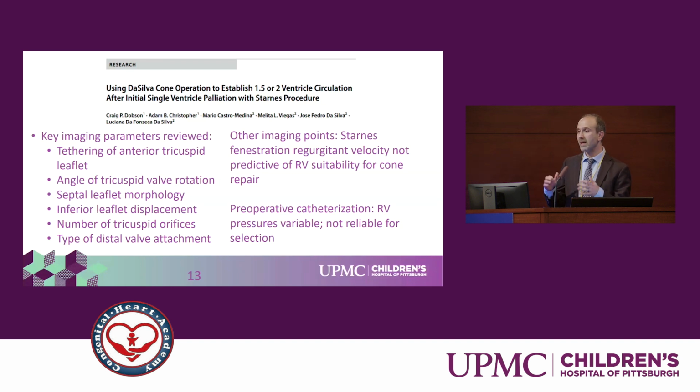So you can have a low pressure or a high pressure, and the RV can still be suitable for cone conversion. And also the preoperative catheterization, as Dr. Kreutzer will mention in her presentation, the RV pressure was also variable in these patients and was not used to reliably assess patients for selection for the cone operation.